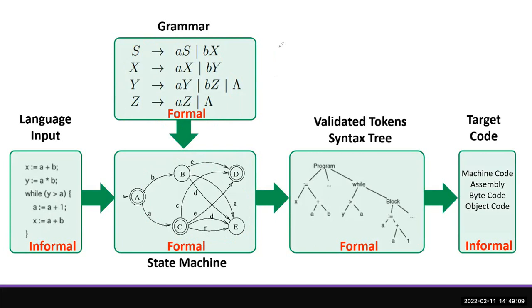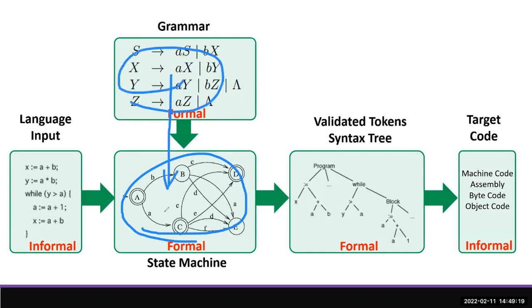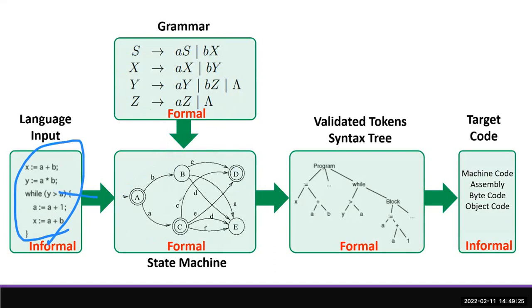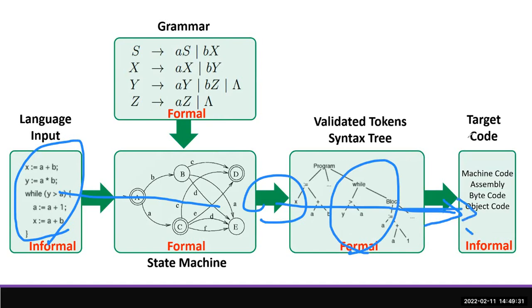We already demonstrated how the ad hoc generator can be done, and also using the split method. Now we are looking into the grammar that can be used to generate the state machine, which takes the input language and translates it into tokens. The tokens are used to generate the parser, and the parser generates the target code.